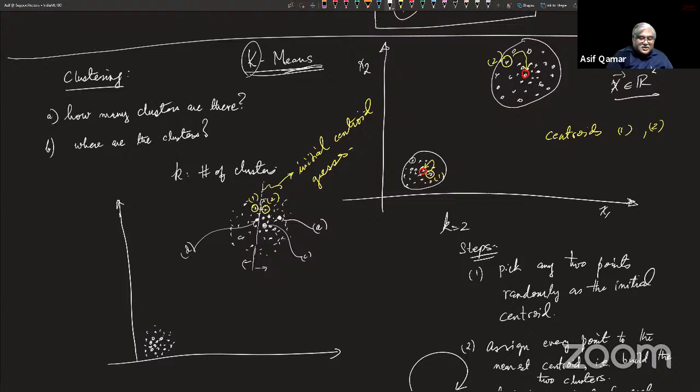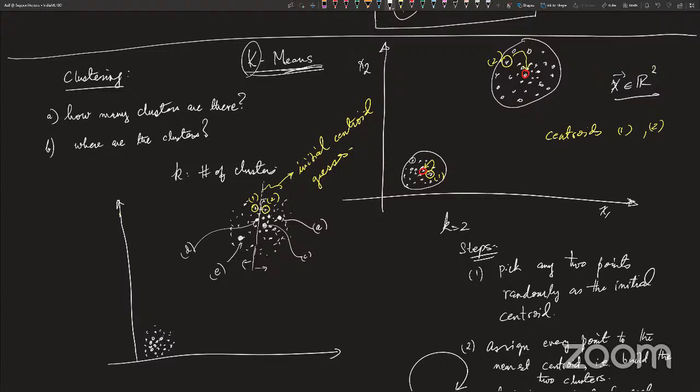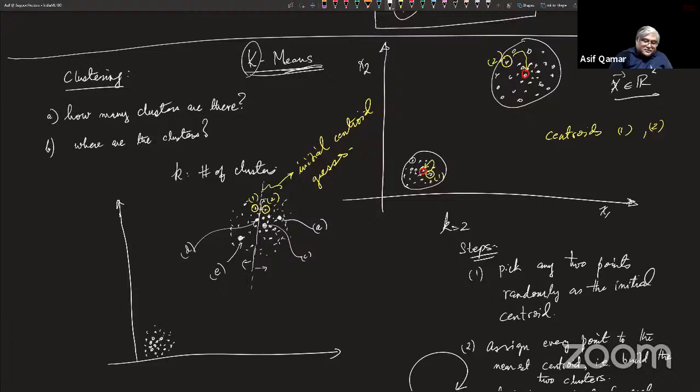Would you agree? So for example, if you take this point, it's closer to one than to two, isn't it? So suppose you look at this point E. Which centroid does it belong to? One, right?